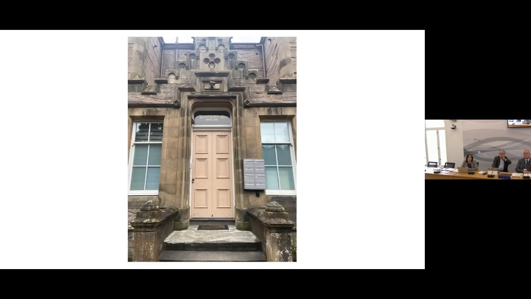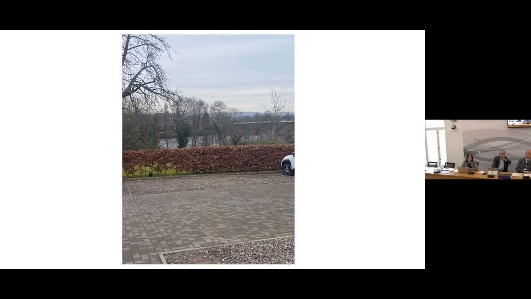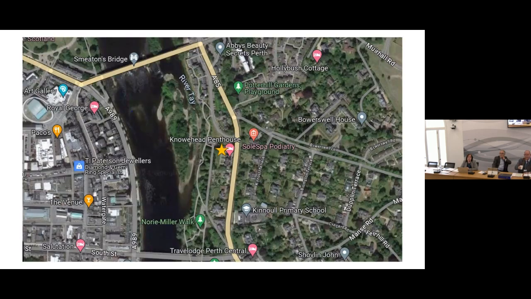This is the access door into the property, the communal access door to the upper floor. Next slide, please. Parking area for the property. That hedging there runs around an area of grass, which is the private garden area that goes along with the property. Next slide, please.